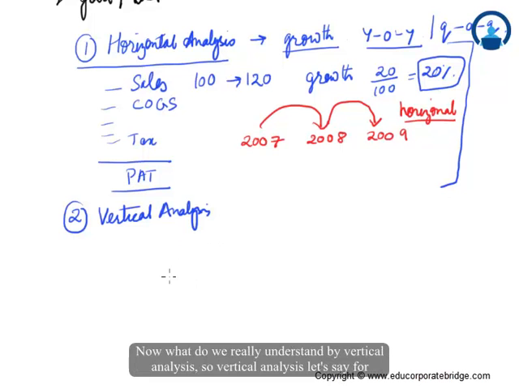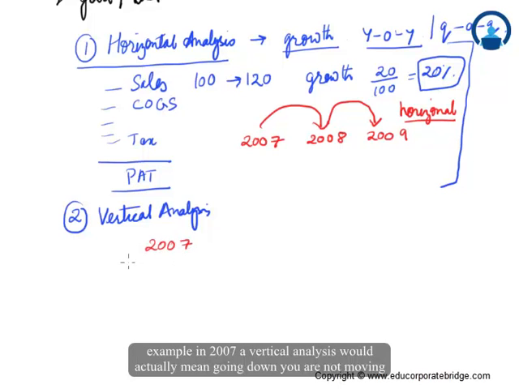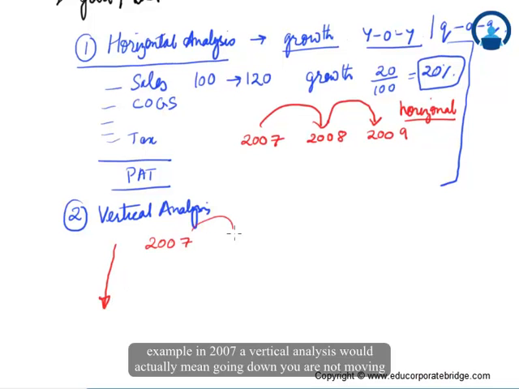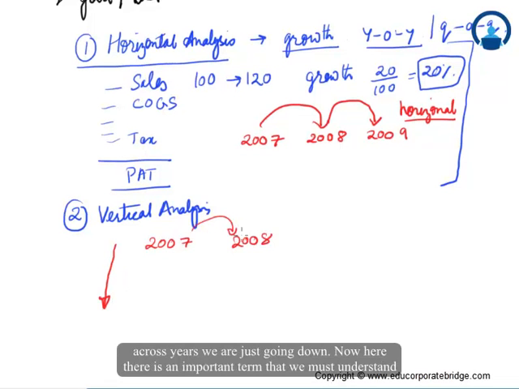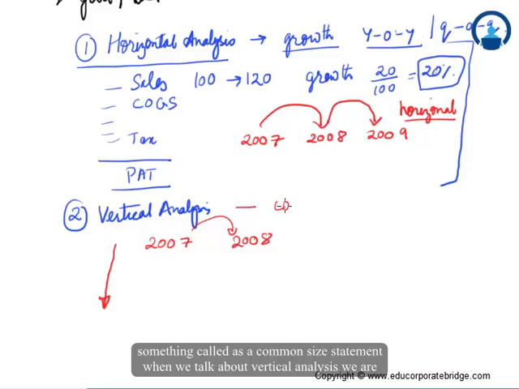Now what do we really understand by vertical analysis? Let's say for example in 2007, a vertical analysis would mean we are going down. We are not moving across years, we're just going down. Here there is an important term that we must understand, something called a common size statement.